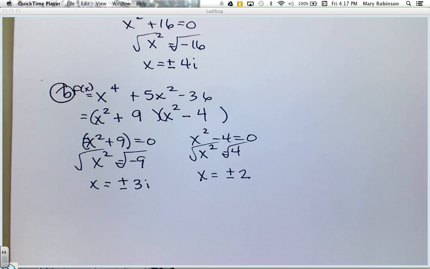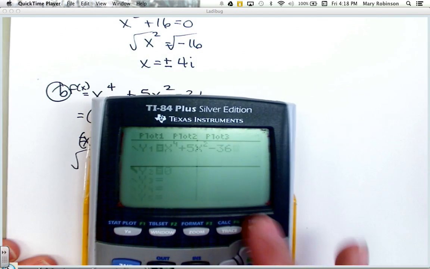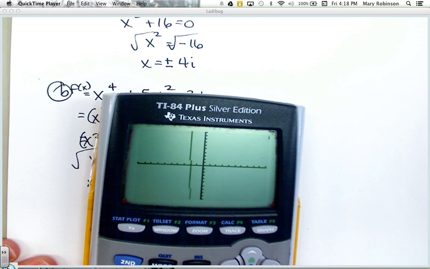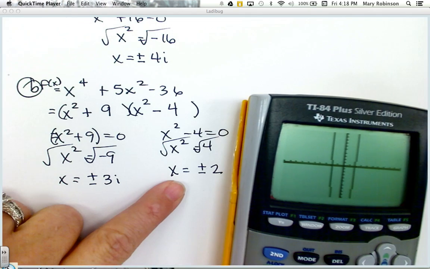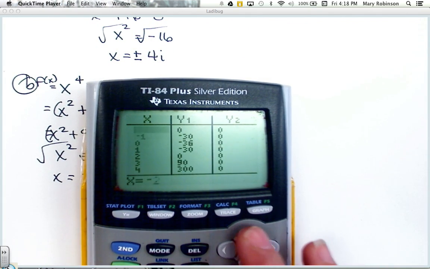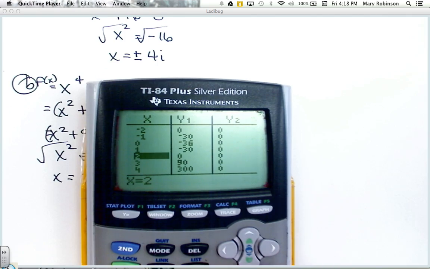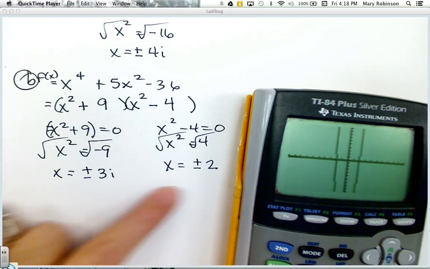If we do this by graphing, x to the 4th plus 5x squared minus 36, we can see that it appears to cross at -2 and 2, which are the 2 solutions we got here. We can also verify that on our table, which we should always do, -2 and +2. So we can see by the graph that we do have 2 real and 2 complex, and here they are.